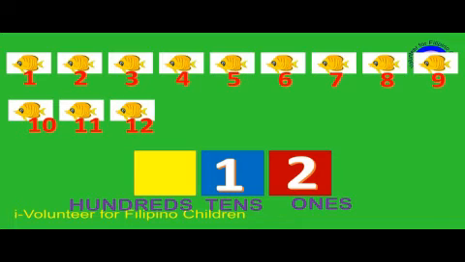Kapag tinanong ka kung ano ang value ng tens place, your answer will be 1 ten or simply 10. Kapag ang tinanong naman sa iyo kung ano ang value ng ones place, the answer will be 2 ones. Naintindihan niyo na ba kung ano ang ibig sabihin ng blue square at ang red square?